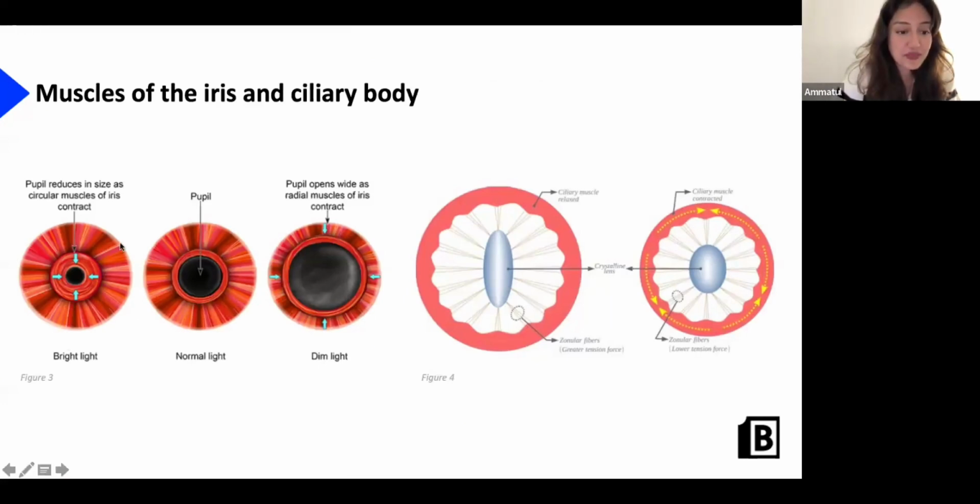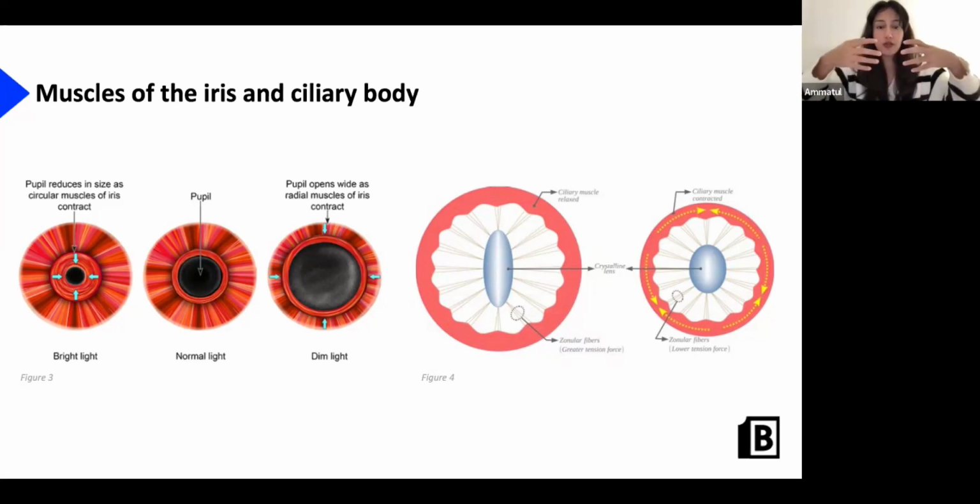So it has two types of muscles. There's the circular muscles, which are also known as the sphincter pupillae, and the radial muscles, which are known as the dilator pupillae, which kind of gives away their function. The circular muscles, when they contract, they contract like this, and that causes a reduction in the pupil size.